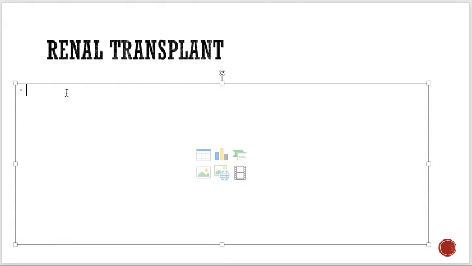So now transplant can be considered in all renal patients, except for example someone who has cancer with metastasis, or someone who has for example active HIV infection. So of course we cannot give a transplant in them. And the transplant kidney can be coming from a living donor, or from a deceased donor or a cadaver.